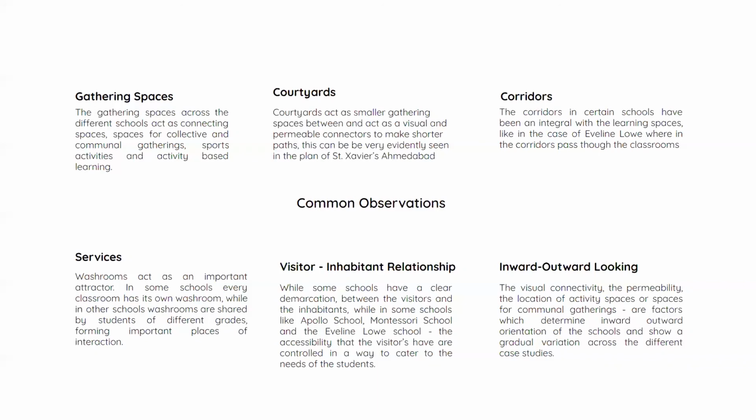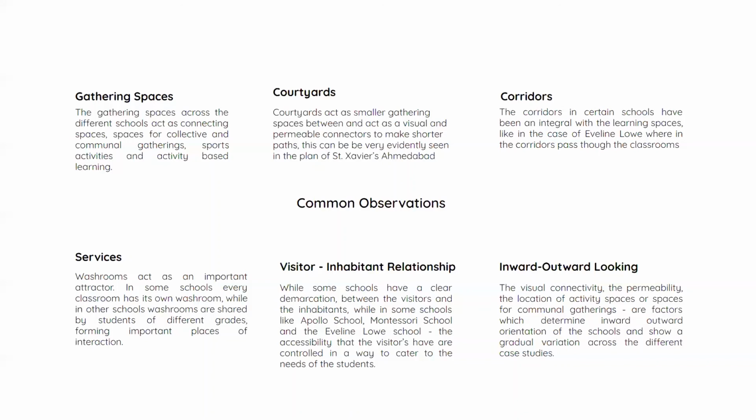The corridors also connect the services to the classrooms across the schools. While in some schools every classroom has its own washroom, other schools' washrooms are shared by students of different grades, forming important places of informal interaction.